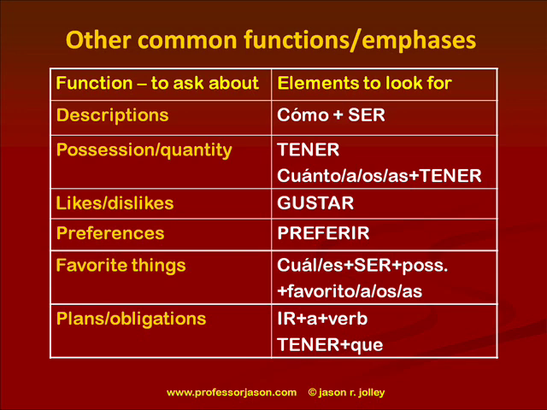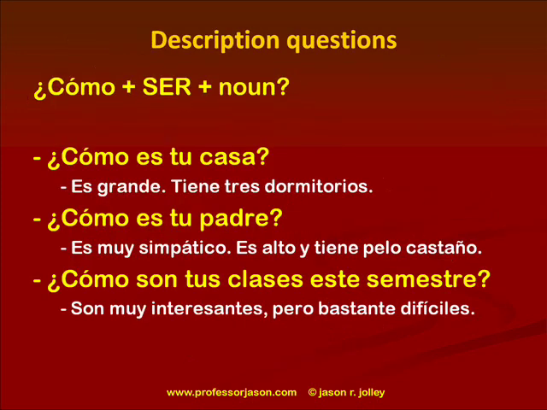People that do oral interviews tend to ask at least one or two questions: what is your favorite this, what is your favorite that? Or it might be a question that goes to the person's plans or obligations. You're going to hear ir plus a plus verb, or tener que plus verb, etc. So let's look at each of these functions and some examples of questions and answers you might encounter.